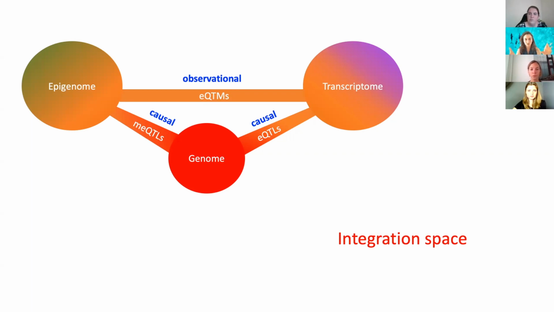So what are those? We have the genome, genetic variants, imputed genetic variants, and then we have these modifications on the genome, which in our case are going to be the methylations on the cytosines, captured by an Illumina 450 array or EPIC array, and this is what we call the epigenome.